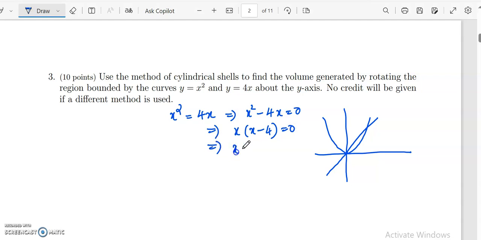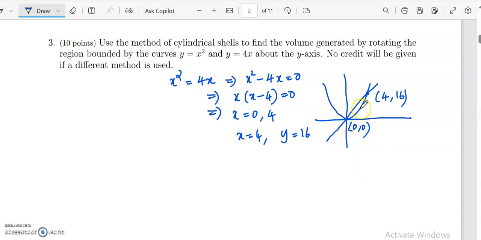So we must have x equal to 0 and 4. So when x is 0, y will also be 0. So this point of intersection will be (0, 0). And when x is equal to 4, we will have y equal to 4 square, so y will be equal to 16. So this coordinate will be (4, 16).